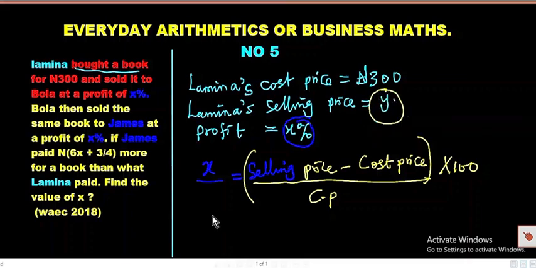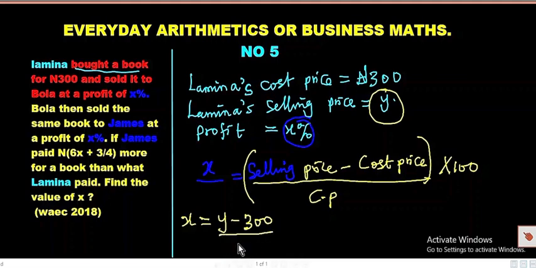I'm calling it Y. Since I've already called it Y, I don't want to complicate matters with too much use of variables, so I'm going to continue using Y. S is going to be selling price. Lamina's selling price is Y minus Lamina's cost price, which is 300.